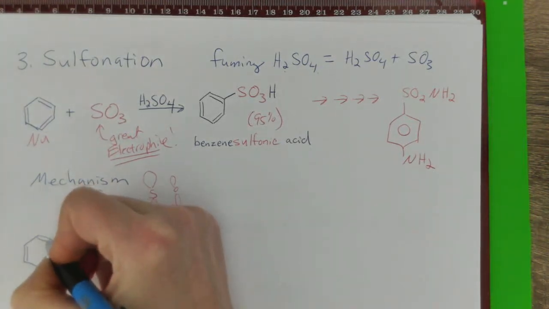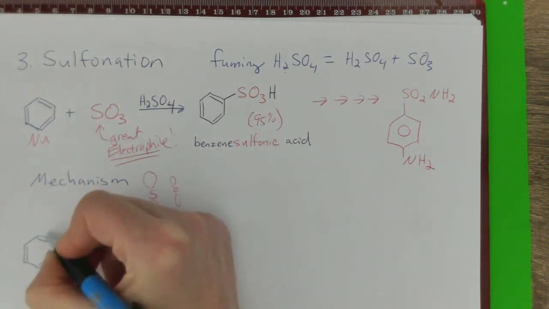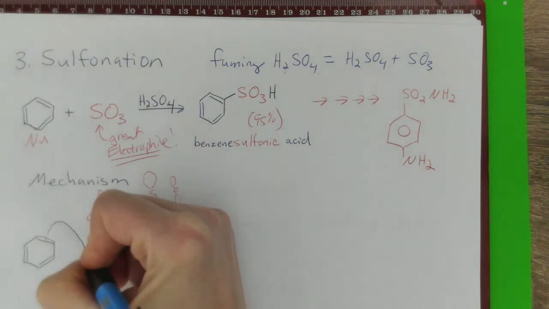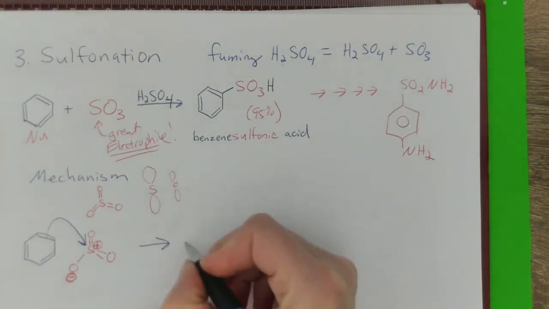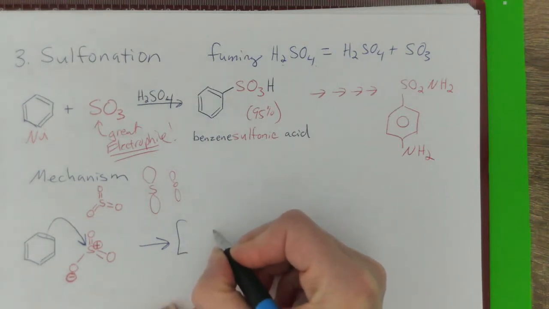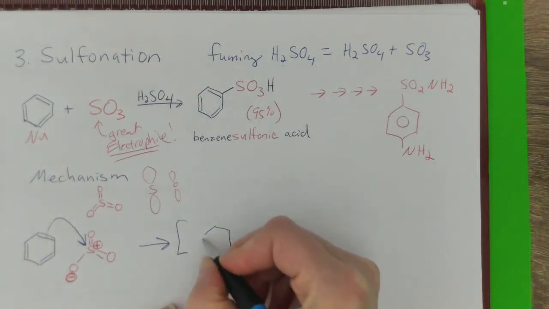So I'm going to go ahead, and our nucleophile, here's the benzene ring. It's going to attack our really nice electrophile, right? And we're going to end up forming an intermediate that has an arenium ion, surprise, surprise.